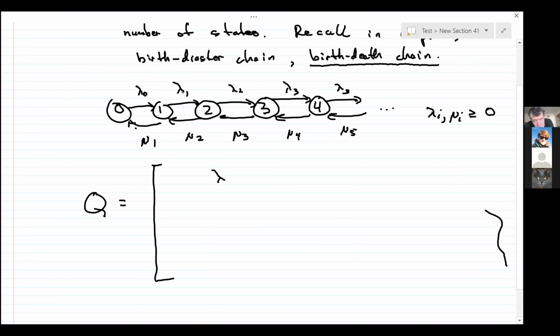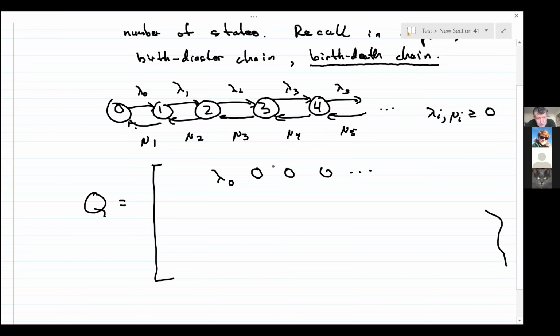There's no arrow going directly there, so that would be 0. Nor can you go to 3 or any higher state. So there are zeros all the way out this way. And then the first entry would be the loop, and we already know how to figure that out because the rows of the Q matrix must sum to 0. So this would be minus lambda 0. Okay, that's row 1.